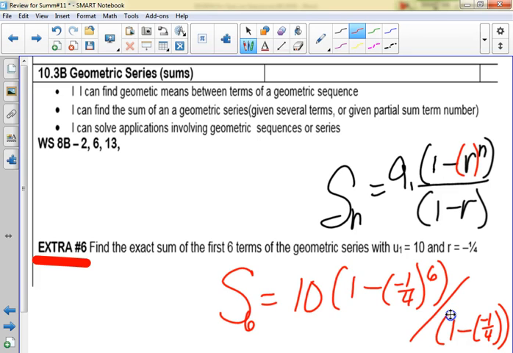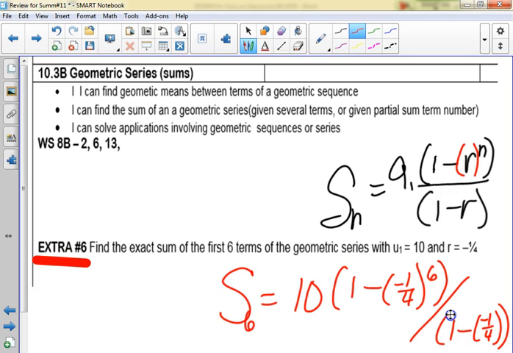10 times 1 minus, parenthesis, -1/4 to the 6th. Close that whole top, divided by 1 minus, parenthesis, -1/4.